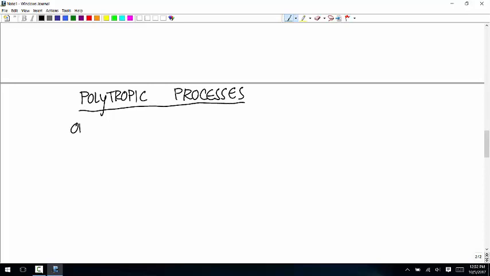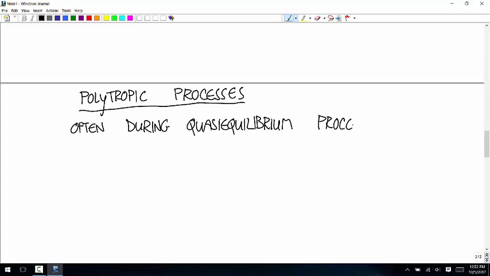Often during quasi-equilibrium processes, you have a relationship where the pressure times the volume with some exponent is equal to a constant.